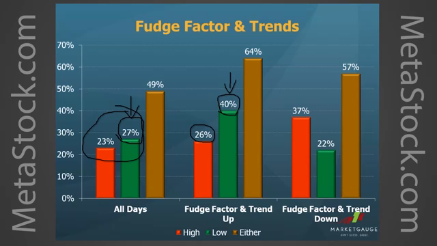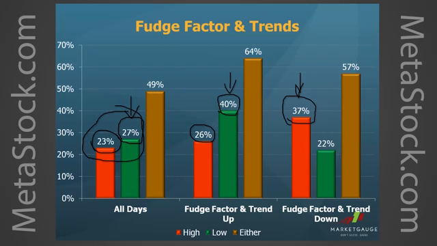Now if the trend is down, do you want to be a seller against the opening range high when you know the opening range high is going to be the high of the day 37% of the time or 23% of the time? Well, you want to be a seller against that high at 37% of the time.